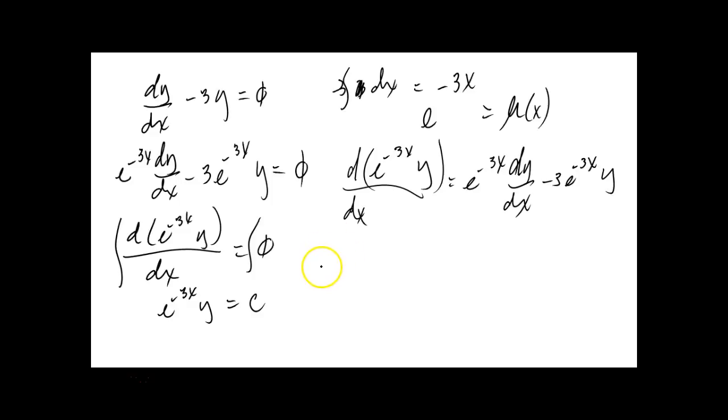Now you could write it this way: y is equal to c e to the 3x. There's your constant of integration. You need one because it's a first order equation. And let's see if that works. Let's go back to our original equation and take dy/dx.